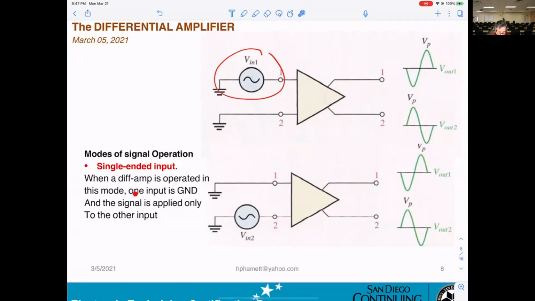When the differential amplifier operates in single-ended mode, one input is grounded and the signal is applied only to the other input. Okay, so you can apply the signal to input 1, or you can apply the signal to input 2. And if you're looking at the output, you get two outputs, they're the same, but they will be opposite. See that?